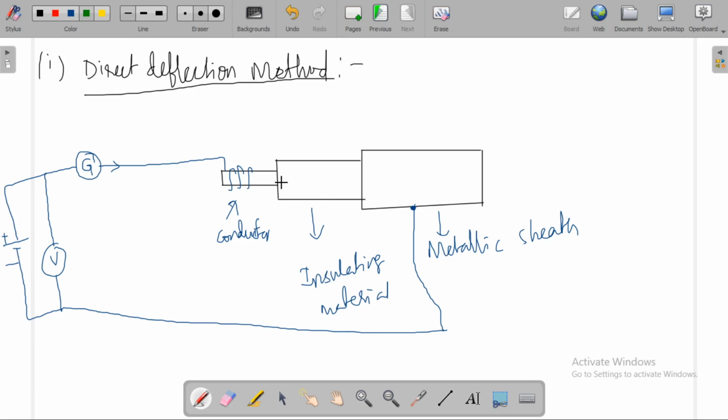Anyhow, this is the direction of current, meaning electrons will be flowing in this direction through the volume. Again, you are going to have surface electrons also.